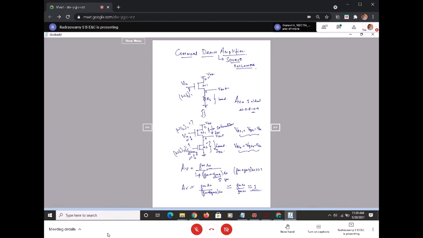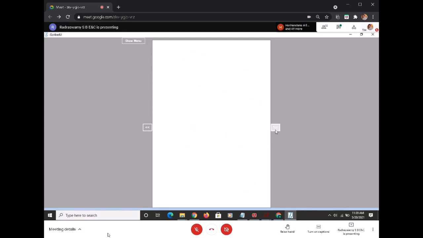Going further, now we have to find all these things: the W by L ratios, the biasing voltage, the VIN and all. So we know the drain current. Make sure that both of your transistors, M1 as well as M2, are operating in the saturation region, and the current corresponds to the saturation current.